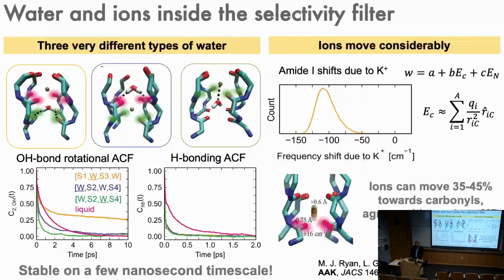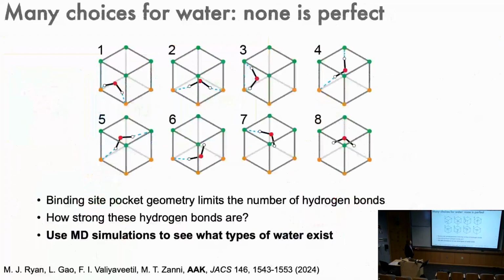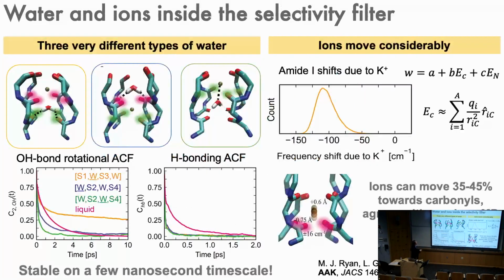For these, we were surprised to see there are only 3 types of water out of 8 possible types. One type is when water is hydrogen bonded to adjacent carbonyls. That's orange. The blue type is when the water is hydrogen bonded to next neighbors. And the green type is when the water molecule is not hydrogen bonded to the carbonyls and is just coordinated by an ion, essentially sitting in the middle of the binding site.